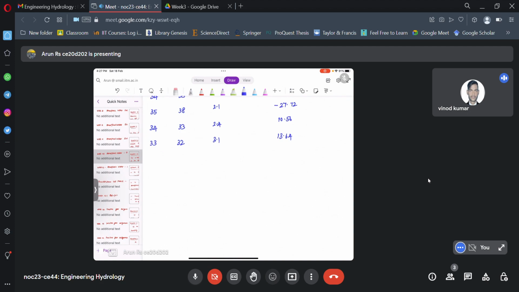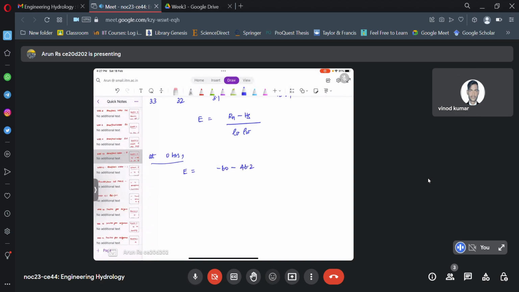So now we have estimated the sensible heat. Now our evaporation rate equation will be net radiation minus sensible heat divided by LV into rho W. Same as the previous, we can calculate at 0 hours. Your evaporation rate is equal to minus 60 and minus 46.2 divided by 2.4299 into 10 to the power of 6 into 995.6.